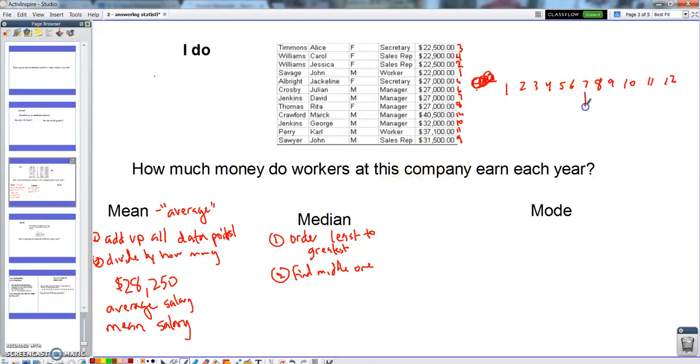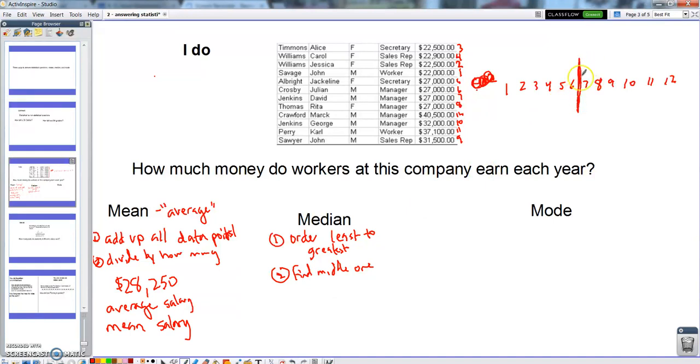So maybe it's number 7. If I look at the 7th salary, there are 6 on this side and 5 on this side. So that's not quite the middle. It's not even. If I do the 6th, then there are 5 on this side and 6 on this side. So actually the absolute middle of the data set is right between the 6th and the 7th.